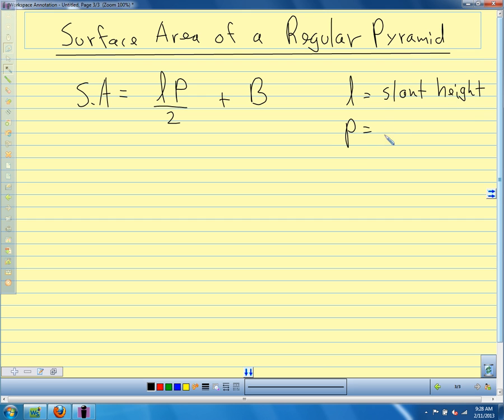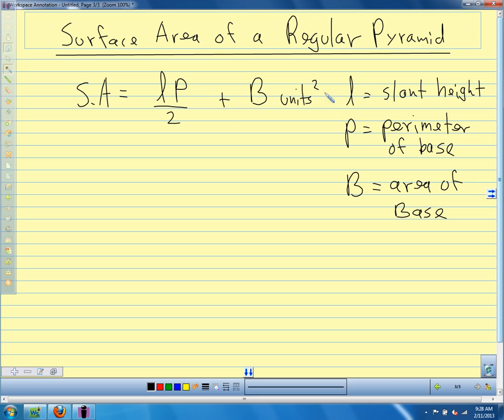P is the perimeter of the base. And capital B is the area of the base. And our units are going to be units squared.